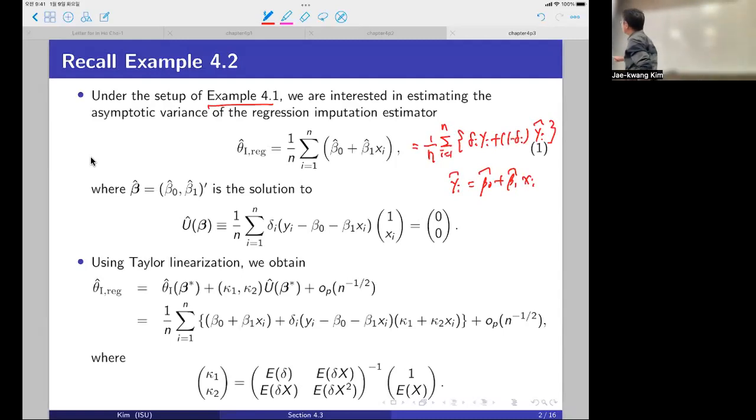But this is equivalent to this because of a property of the residual. Also, last class we covered this linearization, where we used linearization to explicitly derive the influence function. So you can check the previous slide.